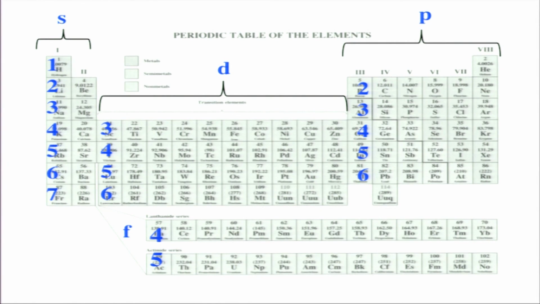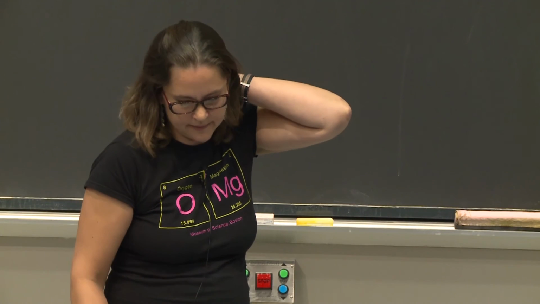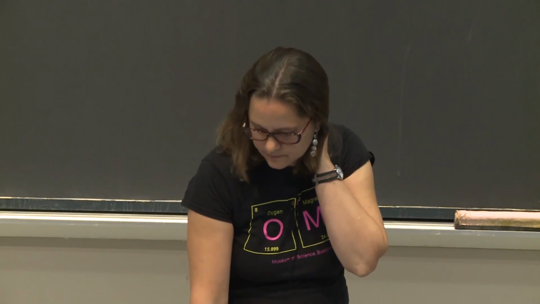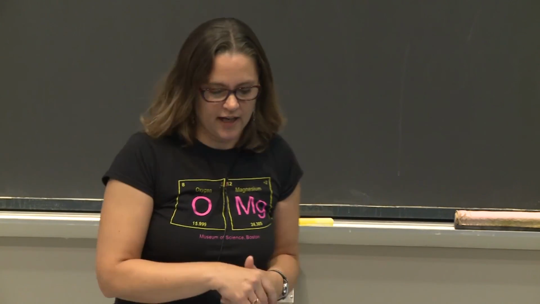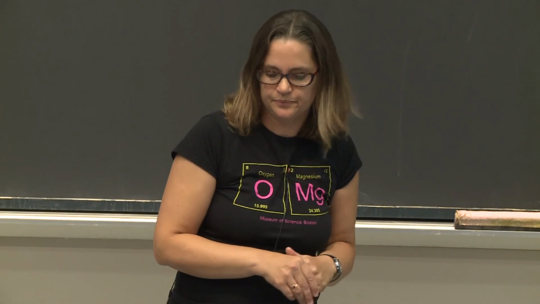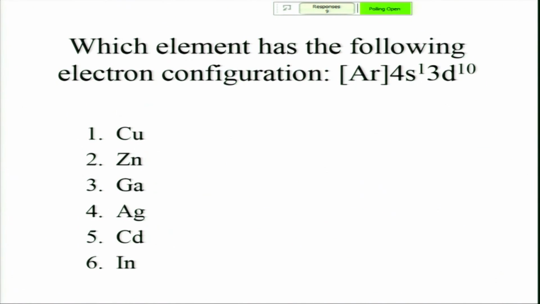All right, so maybe I'll leave this up and we'll do a clicker question now on this. And you have your periodic table available to look at. And then we'll get to ions. This should be 93%, yeah.